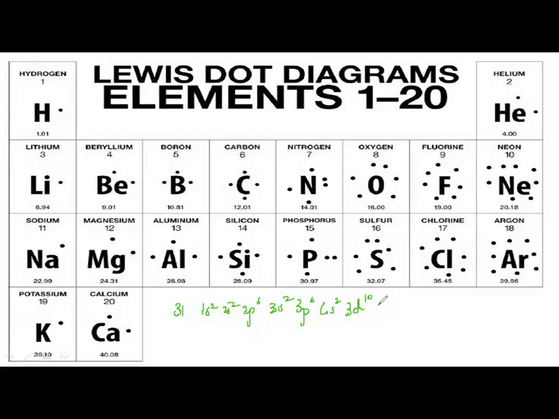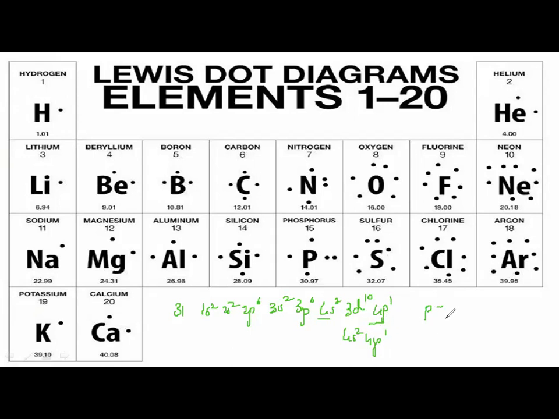Then after 3d comes 4p1, correct? So outermost shell has 4s2 and 4p1. How many electrons? 3. So outermost shell is having 3 electrons. The last electron is entering the p subshell. So p block, it is having 3 electrons and it is in p.